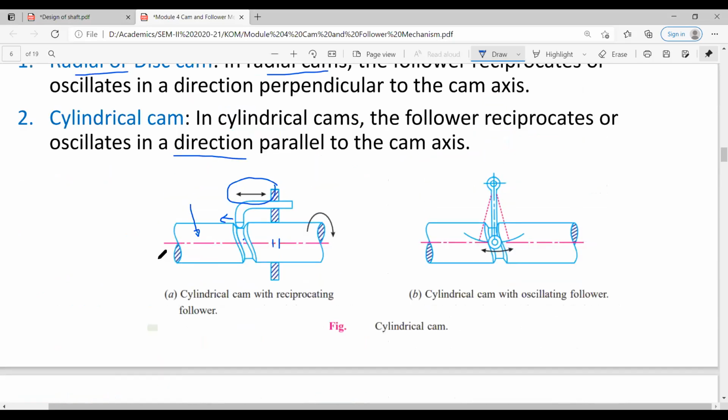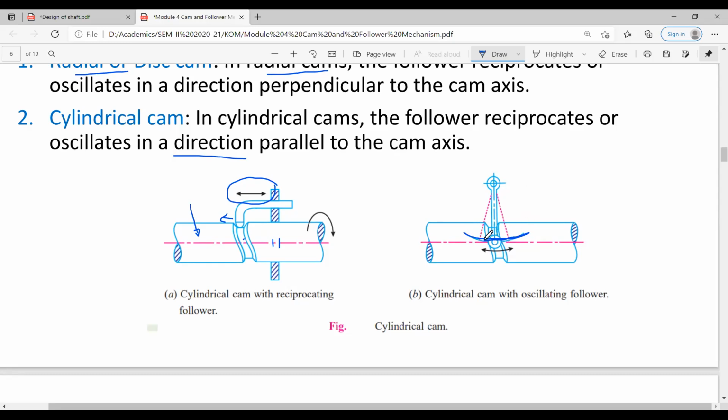Okay, till now, any doubt? No, sir. Yes, this is also an example of a cylindrical cam. You can see that the path of the follower is only this much. It is not going to rotate fully. It will oscillate through a small angle.